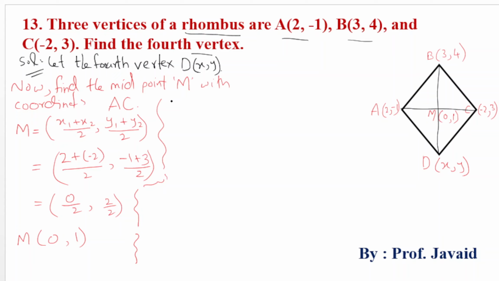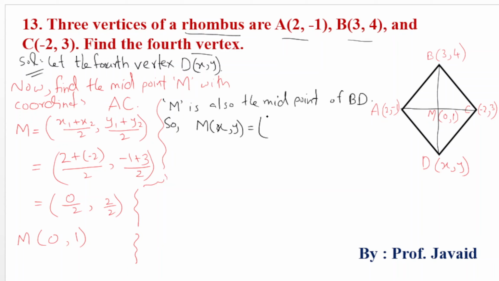So M (0, 1) must be equal to (x1 plus x2) by 2 and (y1 plus y2) by 2.